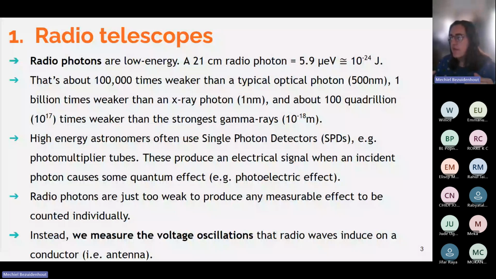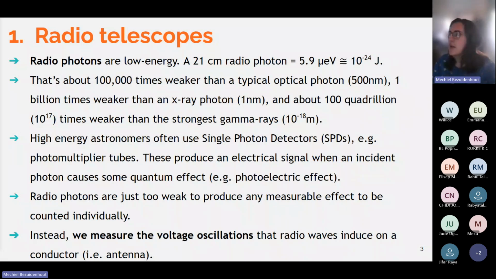So we can observe a conductor, like a thin piece of wire, which we call an antenna. And then as radio waves are incident on that thin piece of wire, it induces oscillations of potential that we can then measure. And that's how we can observe radio waves.